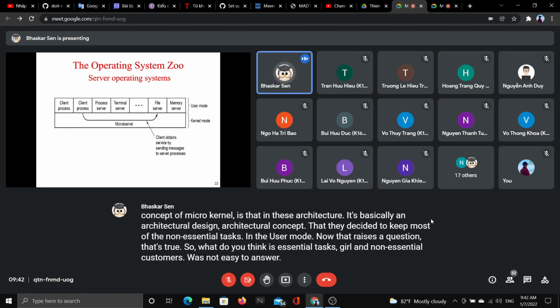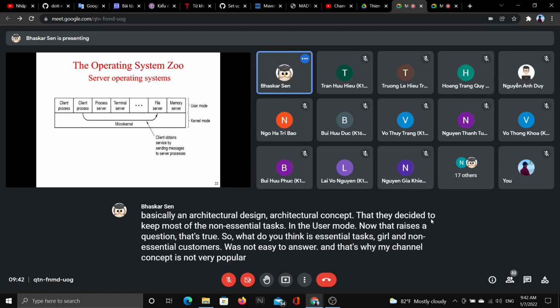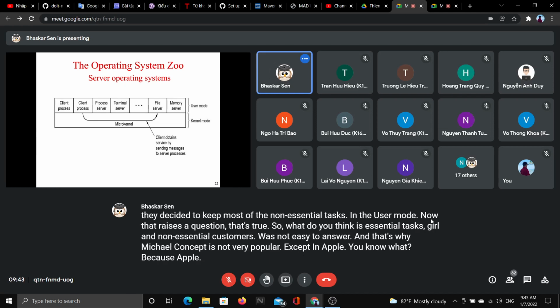And that's why the microkernel concept is not very popular, except in Apple. You know why? Because Apple gives you both the hardware and the software, unlike Microsoft.